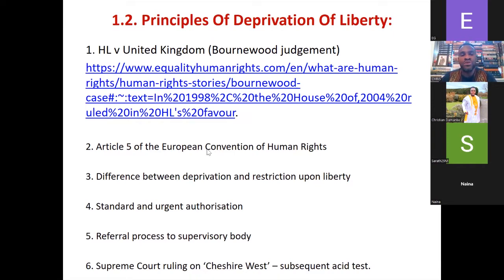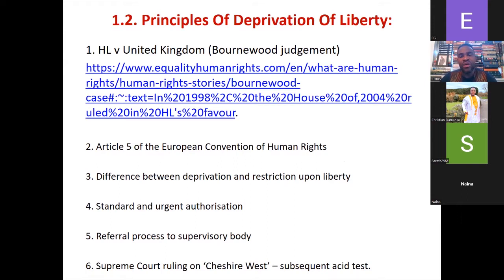Then we also looked at Article 5 of the European Convention of Human Rights. The whole European Convention of Human Rights has been sent to you as a document, but you just need to focus on Article 5, which helps answer this question.